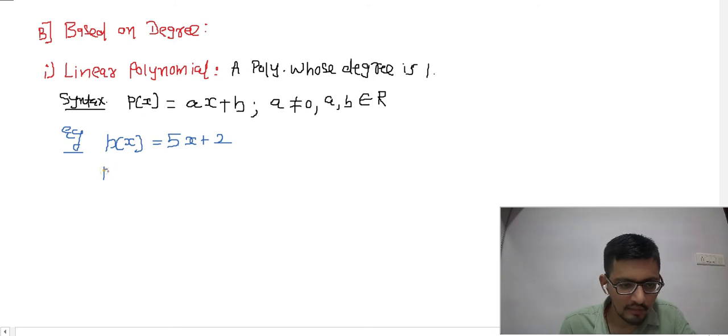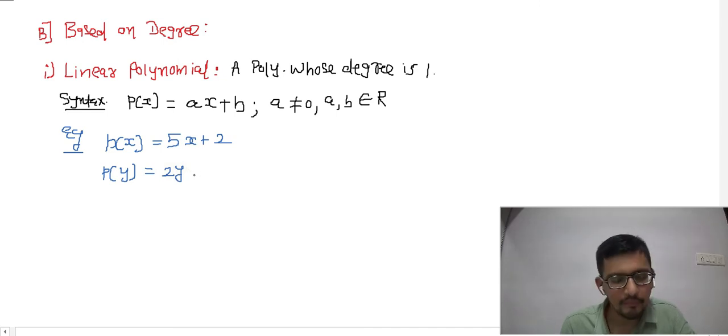If I am writing p of y is equal to 2y, this I can say is a linear polynomial. Yes. What is a? 2. And what is b? The constant term is not given. The 2y I can write as 2y plus 0. That means b will be 0 here. So what we can understand from this example is a cannot be 0, however b can be 0.